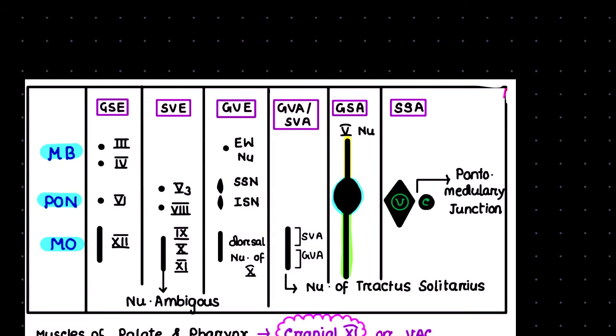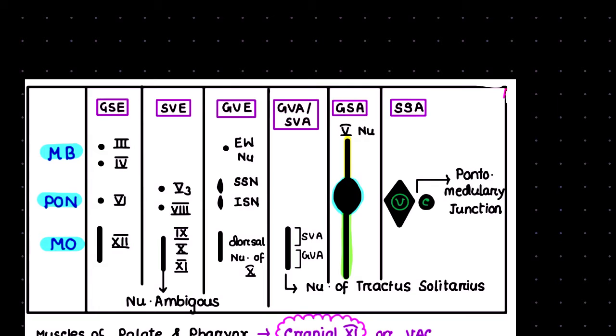In the place of our pons we can see the superior salivatory nucleus and inferior salivatory nucleus. Similarly in the medulla oblongata we have the dorsal nucleus of the vagus nerve. Why the name dorsal nucleus of the vagus nerve? It is called so because it is present dorsally in the brainstem.